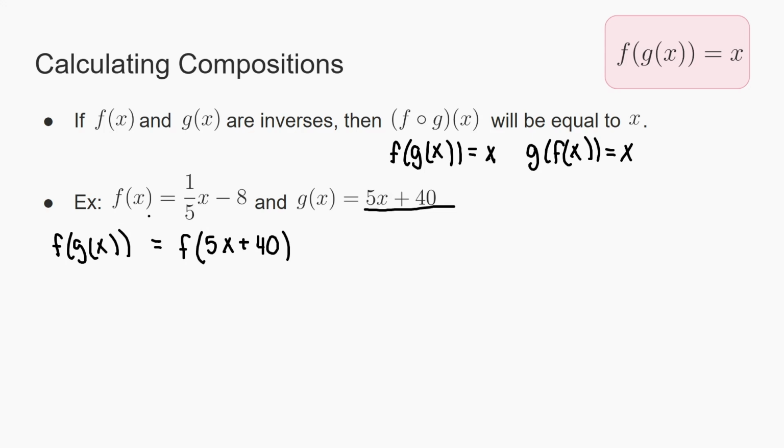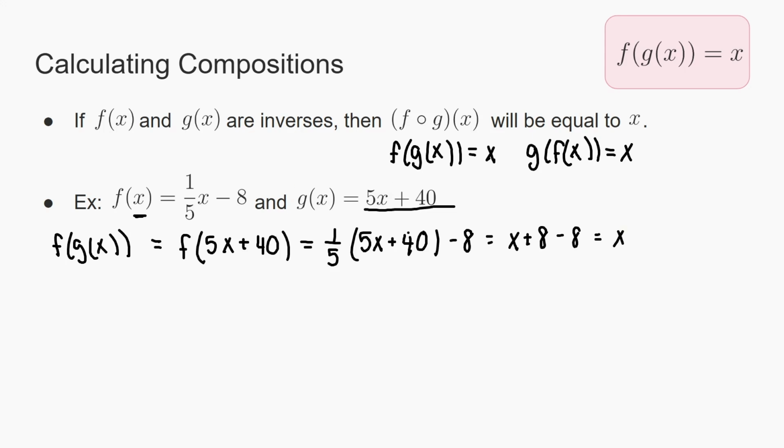And here we have f of x. So for every x, we need to plug in 5x plus 40. Let's do that. 1/5 times 5x plus 40 minus 8. That equals 1/5 times 5, which is x, plus 40 divided by 5, which is 8. So x plus 8 minus 8, which is equal to x.